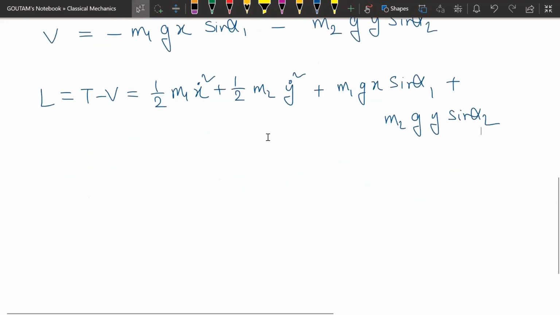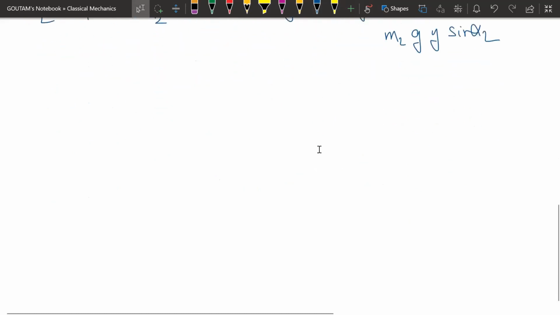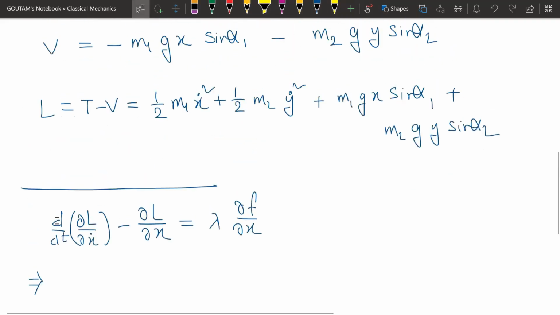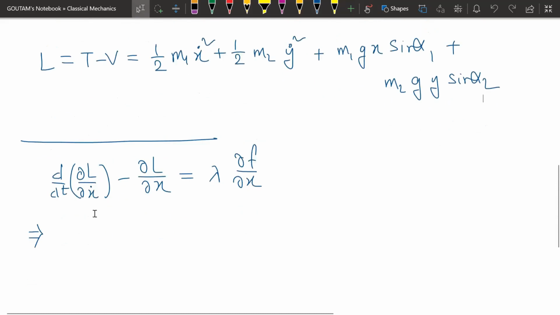So we have two coordinates. In that case, there will be two Lagrange's equations of motion. The first one will be d/dt of del L del x dot minus del L del x equals lambda del f del x. And d/dt of del L del x dot is m1 x double dot, because del L del x dot is m1 x dot, right, from this expression of the Lagrangian.